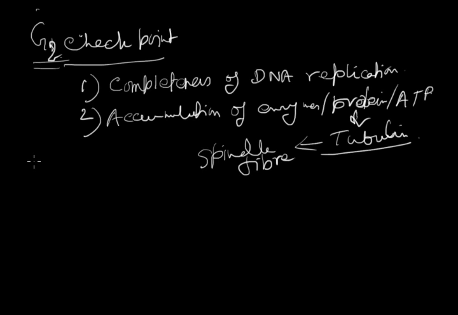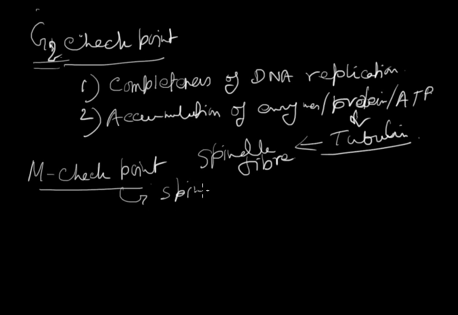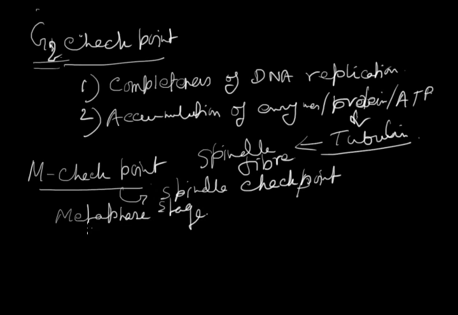In M phase, the third checkpoint is there, that is the M checkpoint, also known as the spindle checkpoint, which occurs at the metaphase stage of M phase. Why is this called the spindle checkpoint?